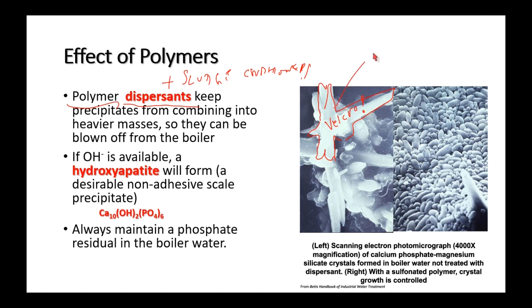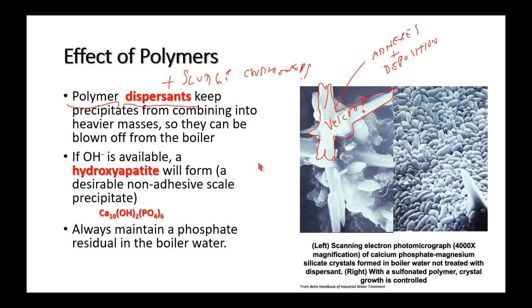And so this stuff is going to adhere to the boiler heat transfer surfaces. And we said that scale can directly precipitate, or we can get deposition. Well, this stuff here, if it sticks to the boiler metal, we're going to get deposition, a deposit. It's going to have a similar effect like scale.